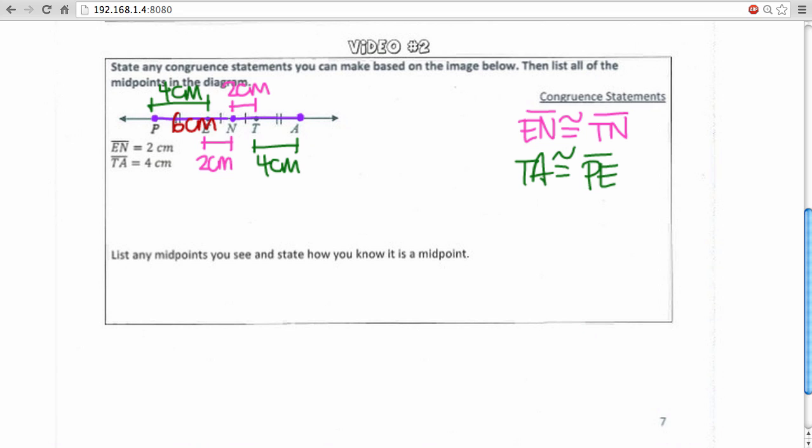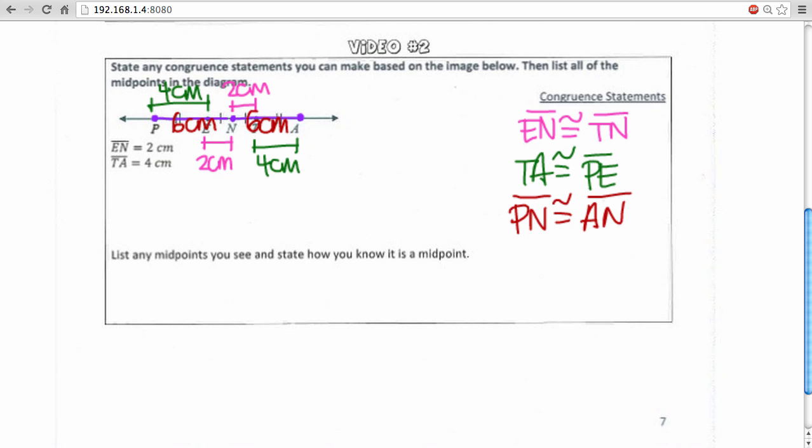Segment AN consists of 2 segments, AT and TN, and its total length is also 6 centimeters. So that means we can make one more congruent statement. We can say that segment PN is congruent to segment AN.